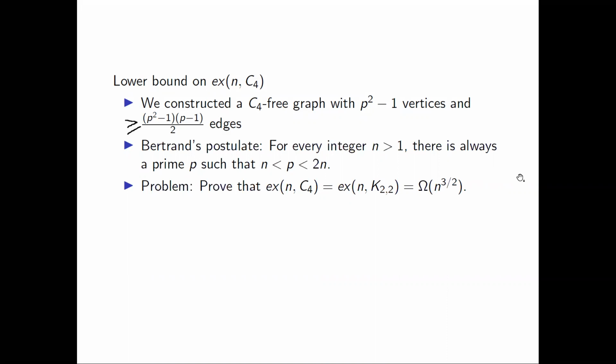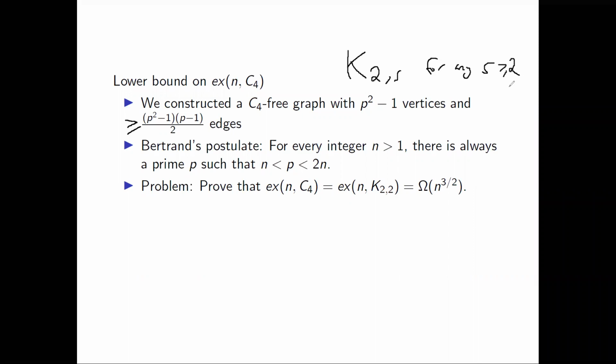And I'll just note that this also gives us the lower bound on the Turan number of the complete bipartite graph K_{2,2}. It also gives us K_{2,s} for any s greater than or equal to 2.